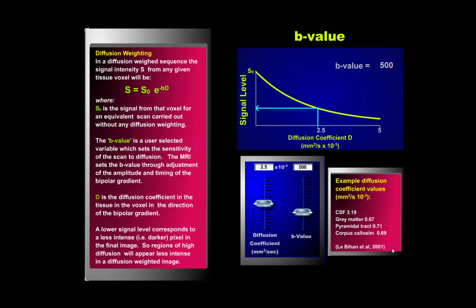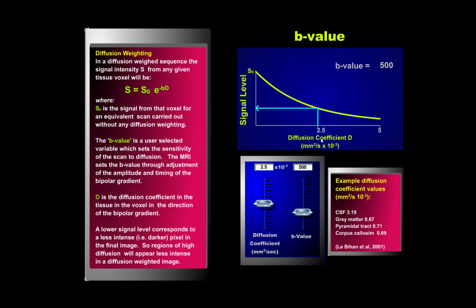And it really all revolves around this graph shown here. What we're showing here is the signal intensity from a given voxel for a given diffusion coefficient. Okay, so remember, the diffusion coefficient is a measure of the degree of diffusion in that voxel. It's not something we can control. It's a real world thing that's out there.